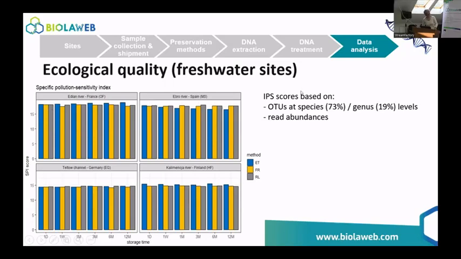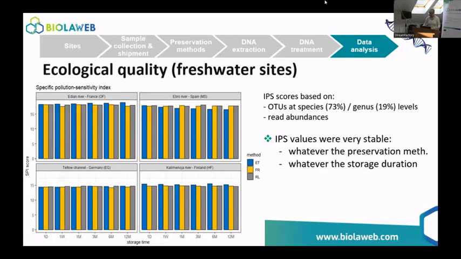And you can see that whatever the site, the IPS scores, which are based on the relative abundances of species based on read abundances, are very stable, whatever the preservation method, whatever the storage duration. So that's really a good point.